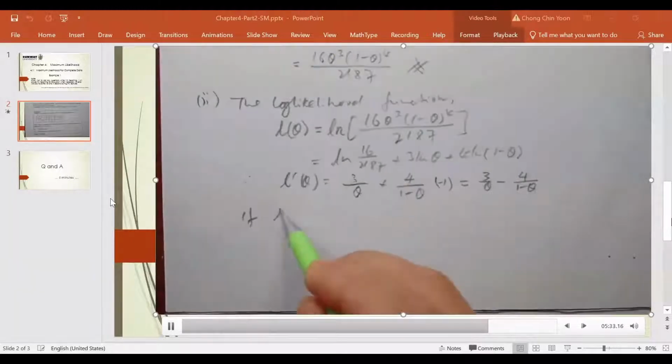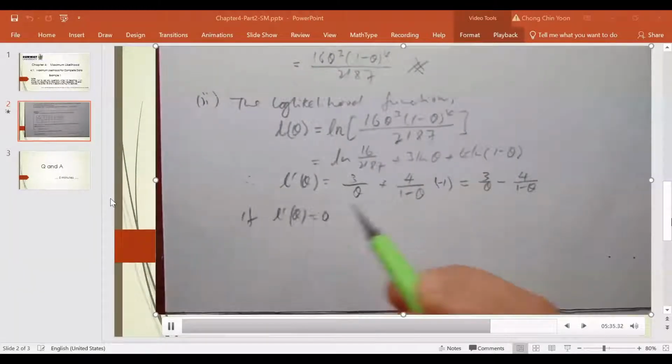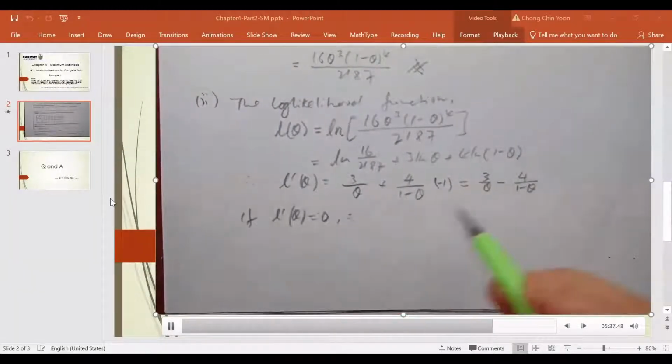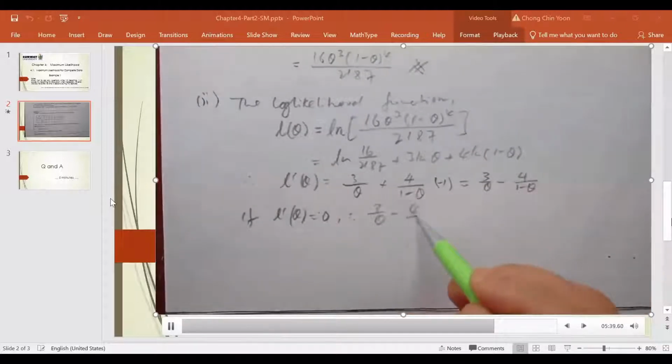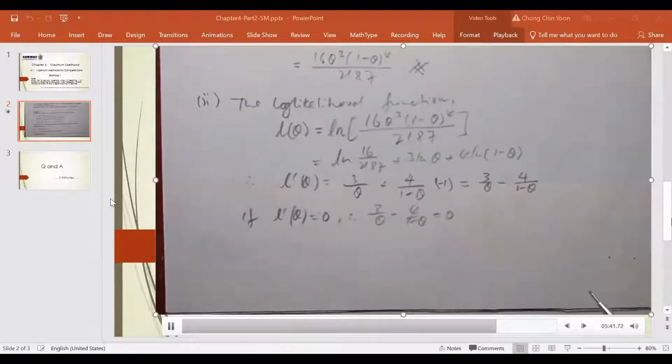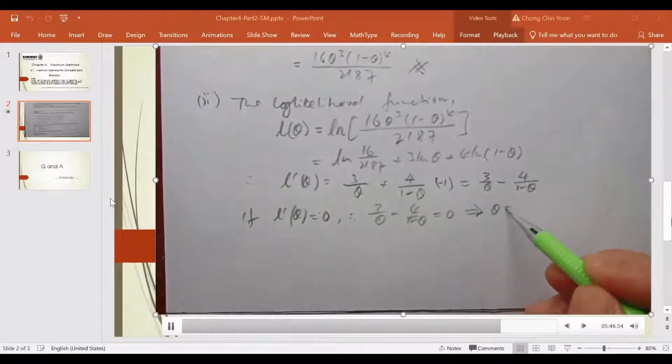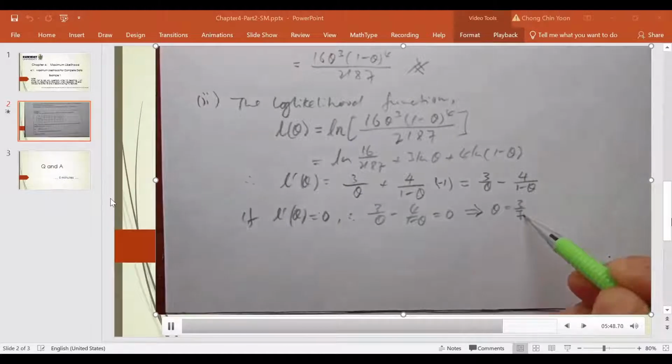Now if the slope is equal to 0, then this is equal to 0. If you solve this equation, we will have theta equals 3 over 7.